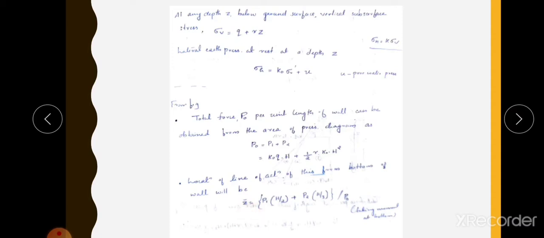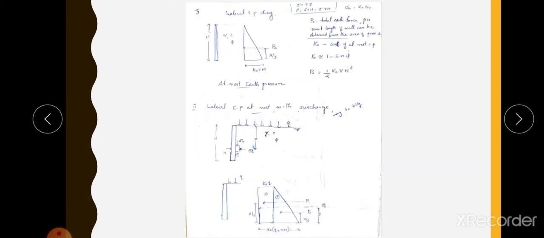So if we are doing a problem based on this, first you should draw the pressure distribution diagram. Then find the total earth pressure by taking the area of this pressure distribution diagram. And if asked to find the location of this total pressure from the bottom, in this case, since we are adding two figures, we have to take moment about that point and find this depth.